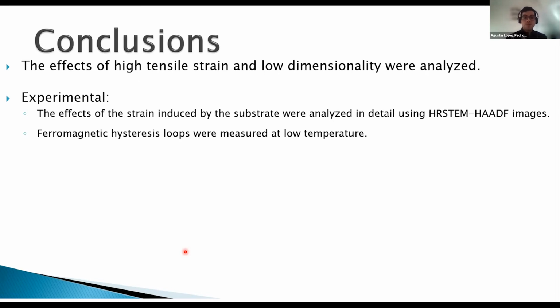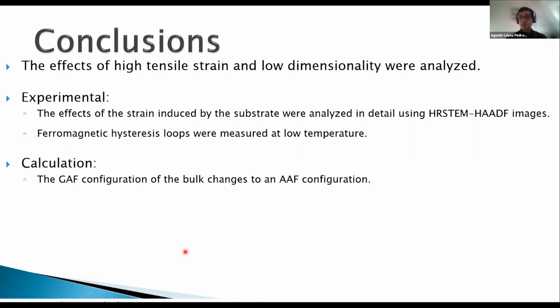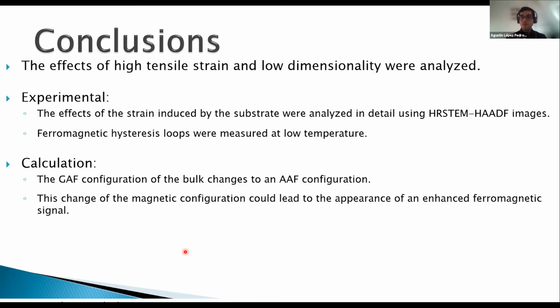And also we were able to measure a ferromagnetic hysteresis loop at low temperature, and we observed the enhancement of saturation magnetization that I mentioned previously. From the calculation, we observed that the strain alone can induce a transition from the G-type antiferromagnet to an E-type antiferromagnet, which could lead to the enhanced saturation magnetization signal that I mentioned previously.